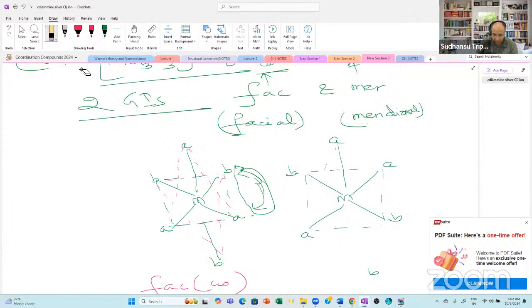This plane will be passing through because one of them is trans. So if two of them are trans, then definitely that AAA triangle will pass through the metal ion. So this is mer.